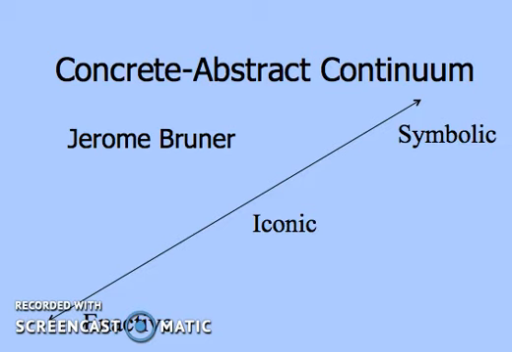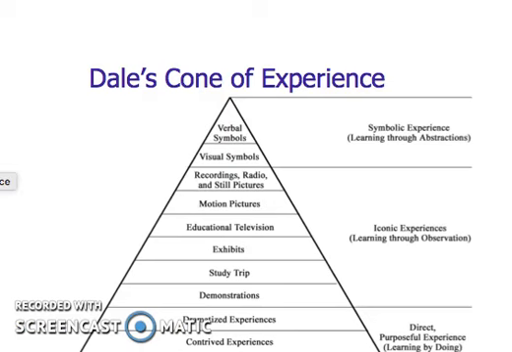It's important to take into account that developmental level has an impact on the opportunity for people to interpret symbols. In the mid-20th century, Edgar Dale developed a continuum that described the most concrete experiences to the most abstract experiences.